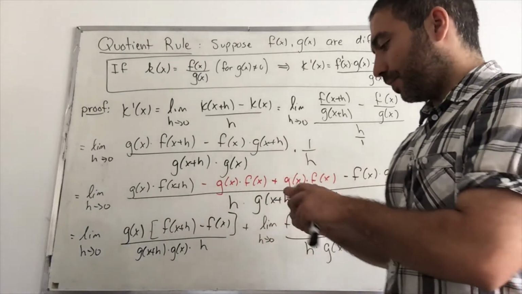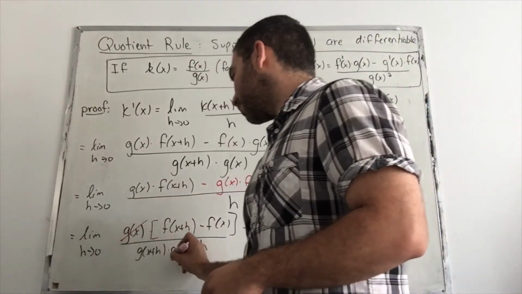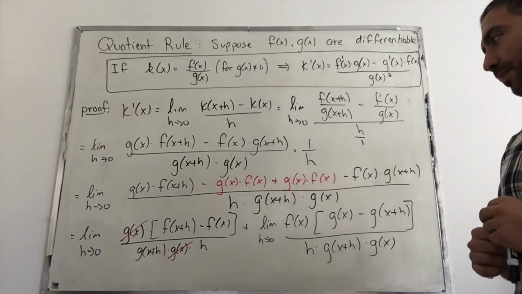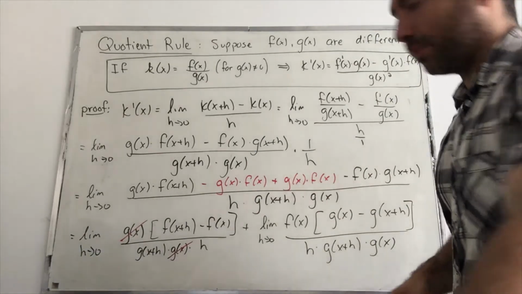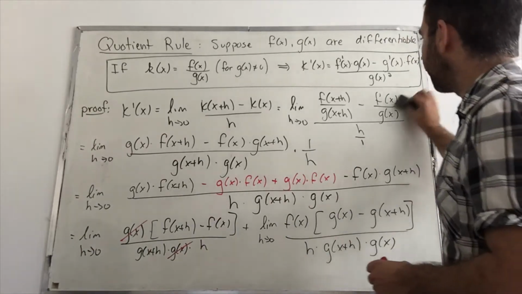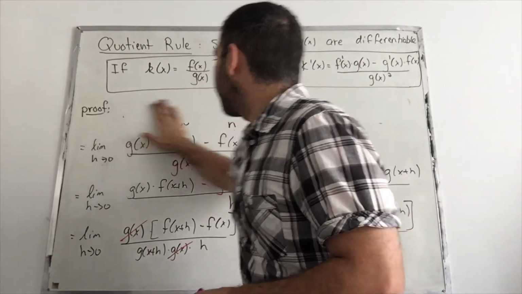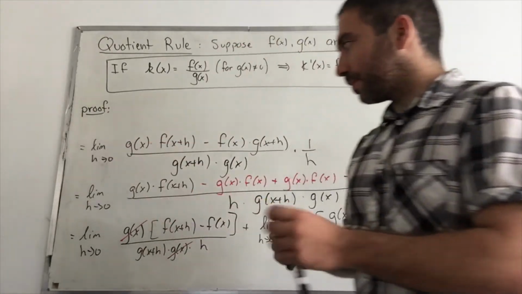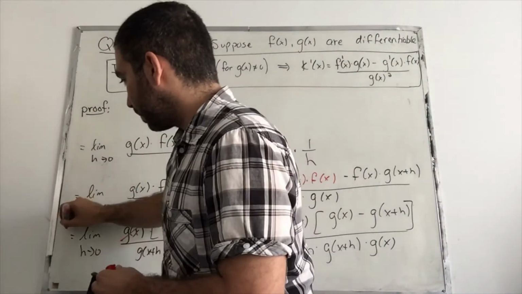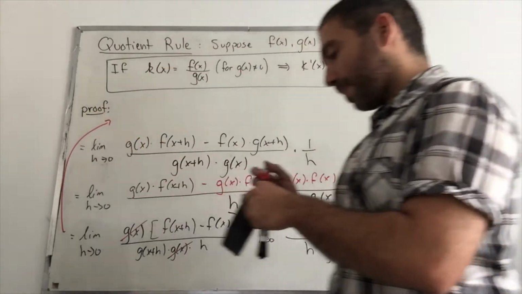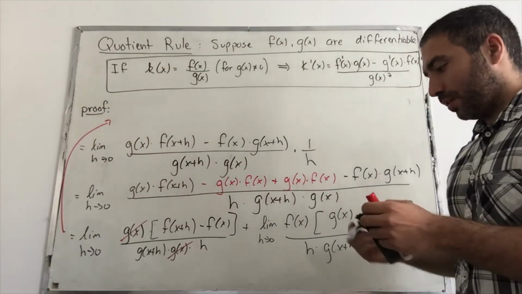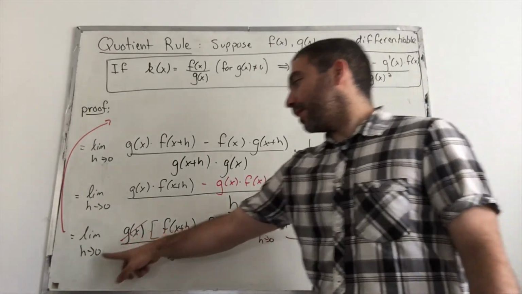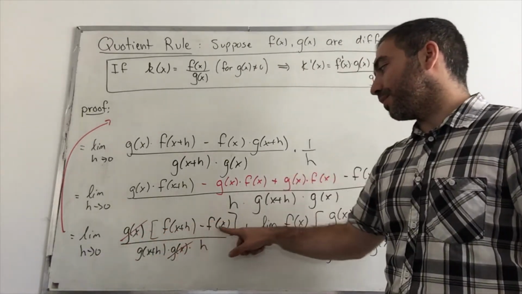So it's a bit complicated here, but so far we're at this stage here. On the left hand side, if we focus here, notice that the g of x is cancelled here. Okay, and I'm going to have to erase the top just to give myself a bit of room. So let's continue up here. And what we notice here is if you take the limit on this side, we have the limit as h tends to 0 of f of x plus h minus f of x over h.